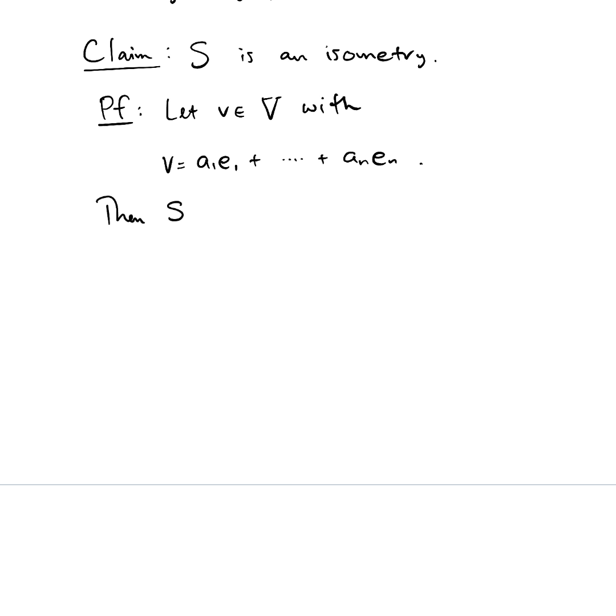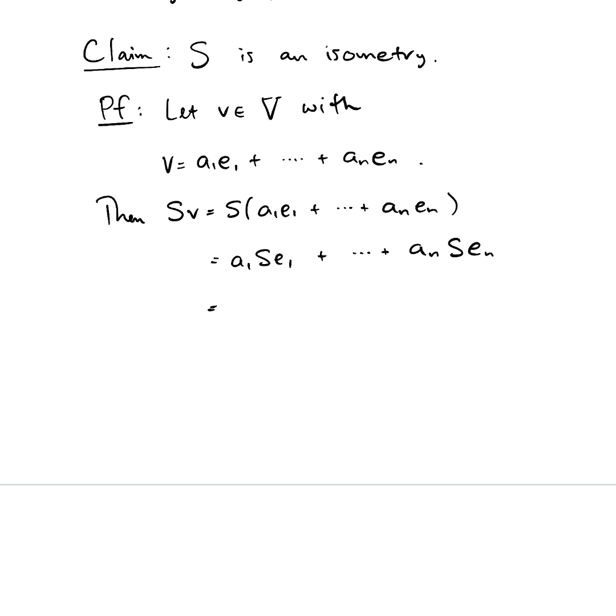Okay, well, S is a linear map, so S acting on V is S acting on A1 E1 plus dot dot dot AN En, which is A1 S acting on E1 plus dot dot dot AN S acting on En.